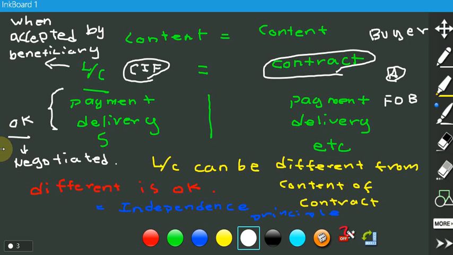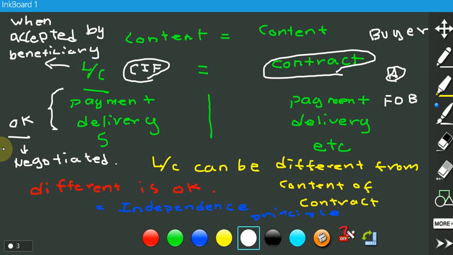Okay, this is the principle of independence of the letter of credit. Understand? So if I give more explanation for this: once the letter of credit is opened and accepted by the beneficiary, this letter of credit is not subject to the original contract. So even if the content of the letter of credit is different from the original contract, this letter of credit is acceptable for negotiation by the bank.